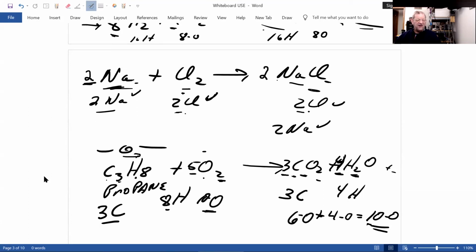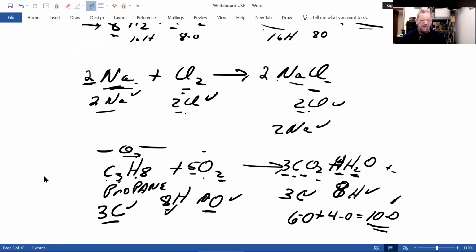So now I'm going to do my check, just like when you balance your checkbook, even though I hate that. 3 carbons, 3 carbons. 8 hydrogens. Oh, wait, I forgot to change this. That should be an 8. 4 times 2, 8 hydrogen. 10 oxygen, 10 oxygen.